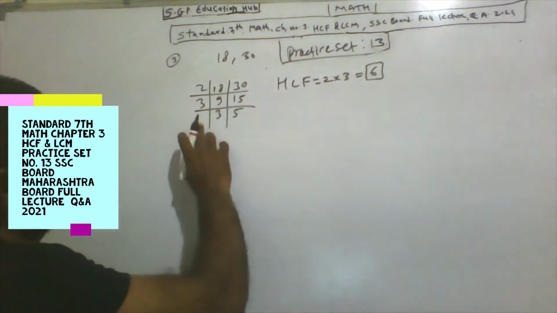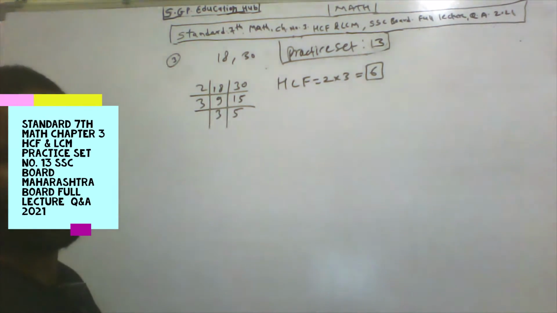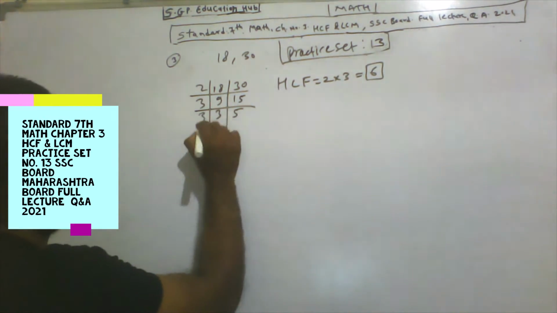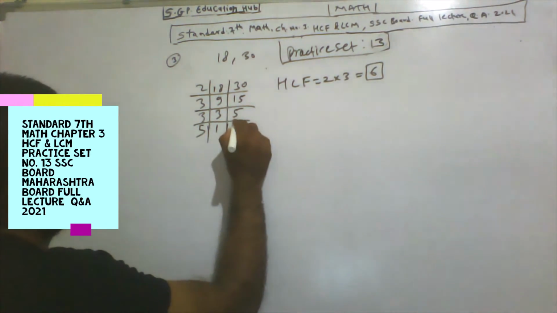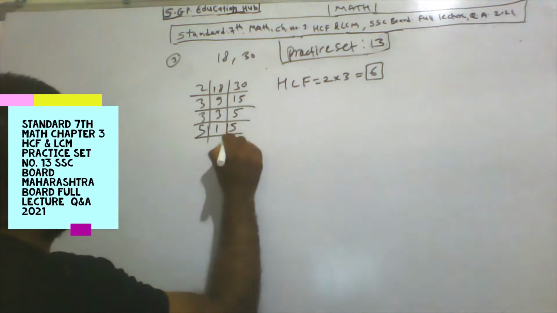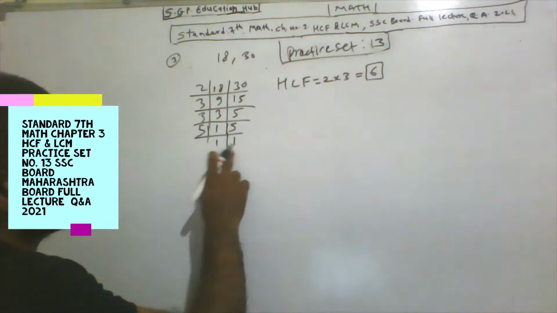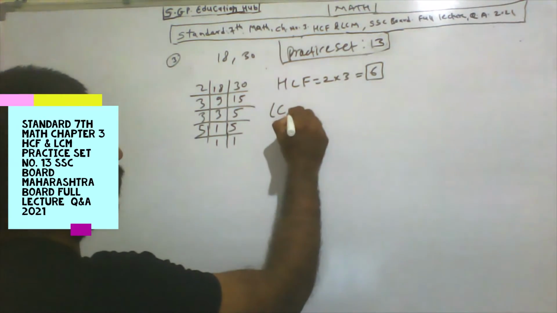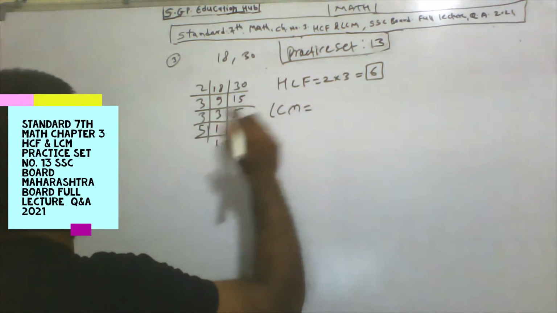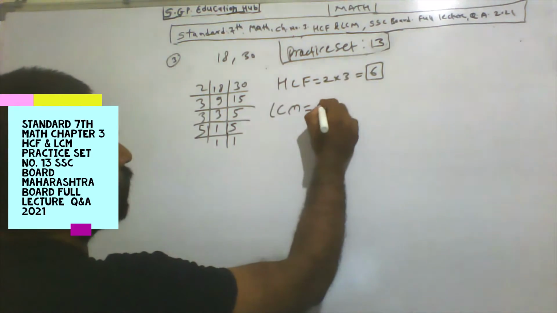Now try this. 3 ones are 3. Okay, then 5 ones are 5. Here we get the last remainder is 1. So LCM is equal to 2 is how many times?